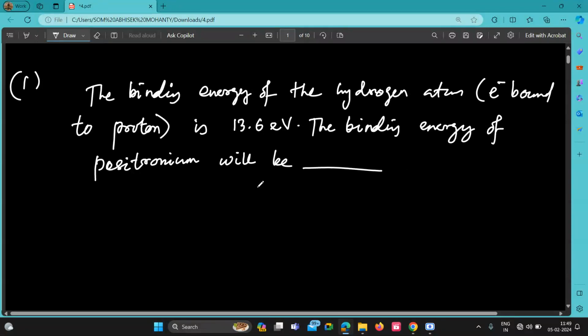Okay, positronium is what? An electron bound to a positron. Positron is the antiparticle of the electron.